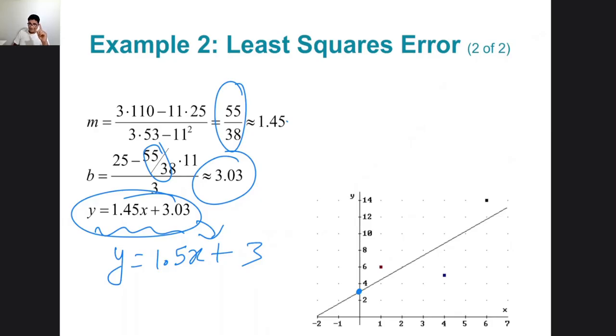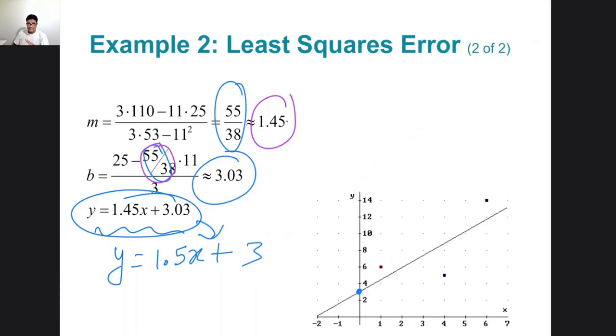All right. Before moving on, there's one more thing I wanted to highlight here. In the formula, you had 1.45 calculated as the value of m, right? But when we wanted to use m in the calculation of b, we did not use 1.45.